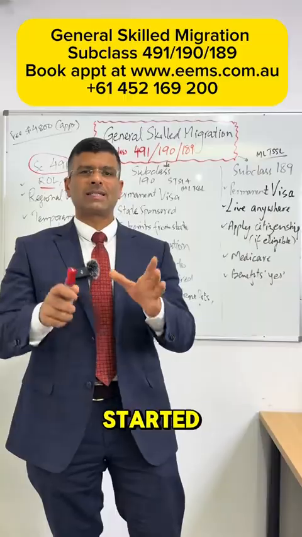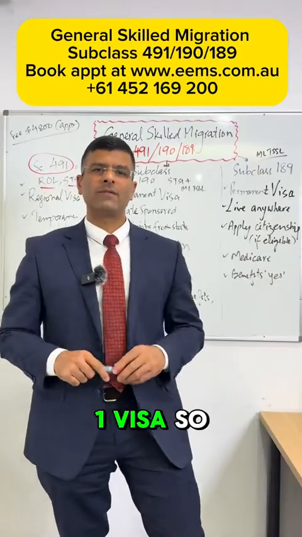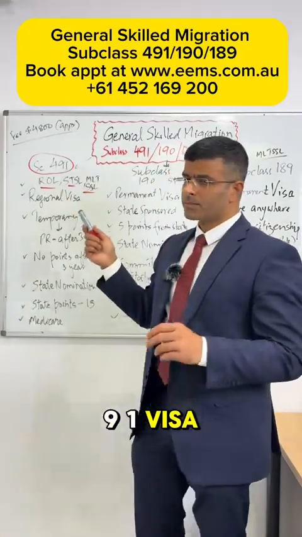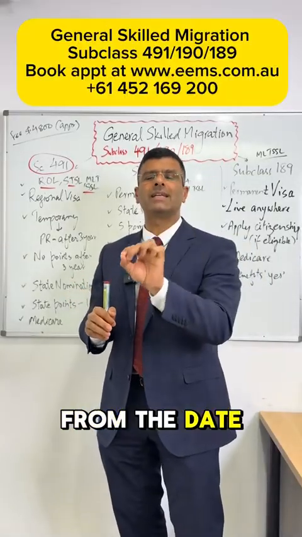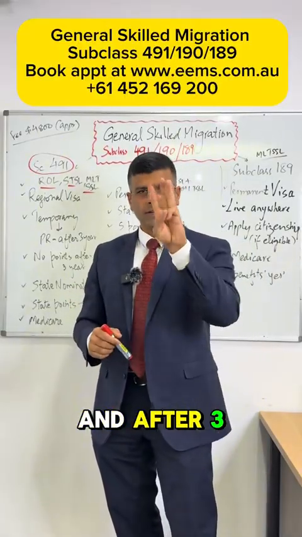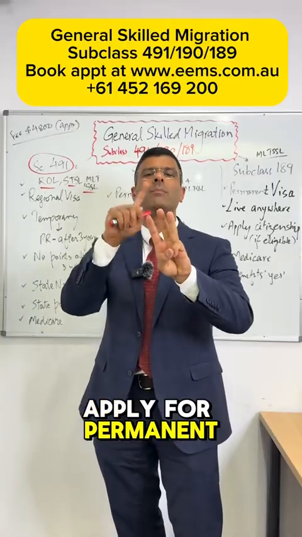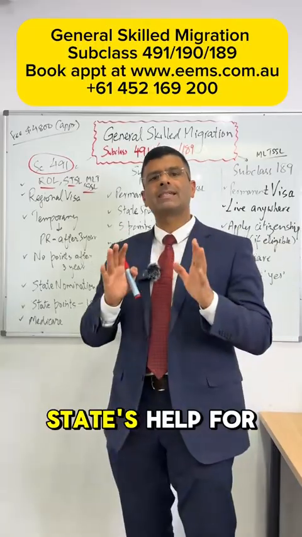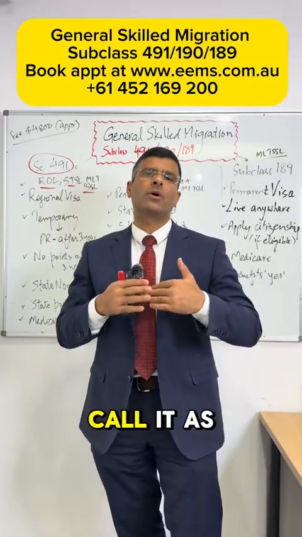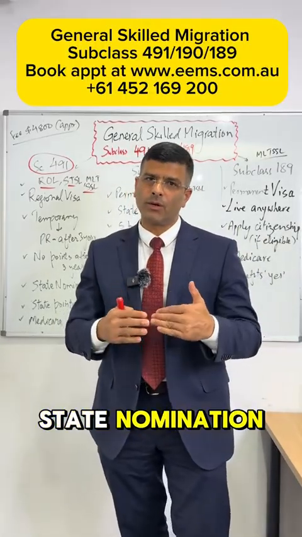Okay, let's get started. So first of all, the 491 visa. The 491 visa is a temporary visa which is valid for 5 years from the date it is granted, and after 3 years you can apply for permanent residency in Australia. This visa requires the state's help, and we also call it the process of state nomination.